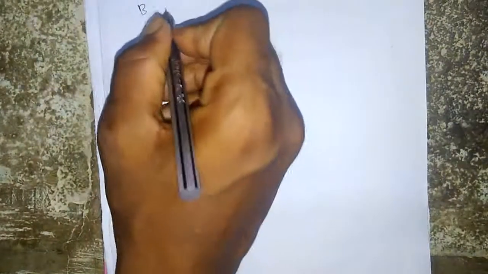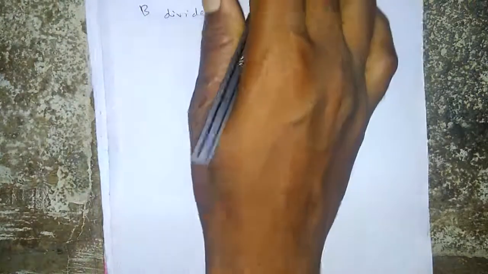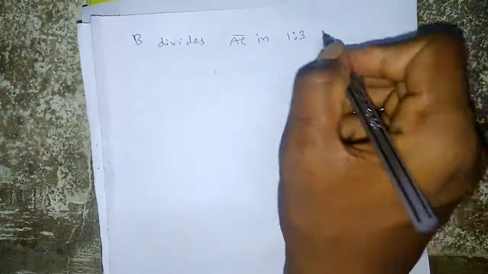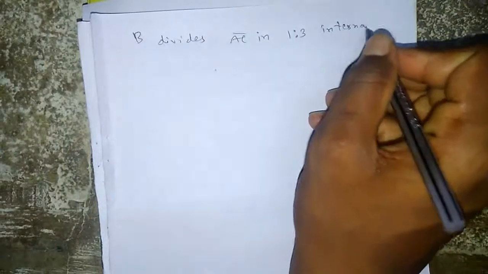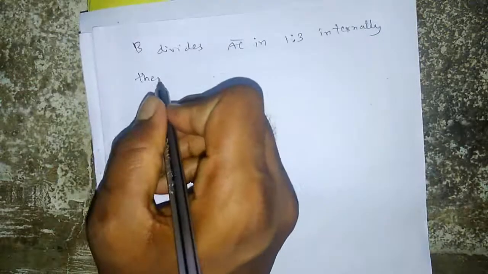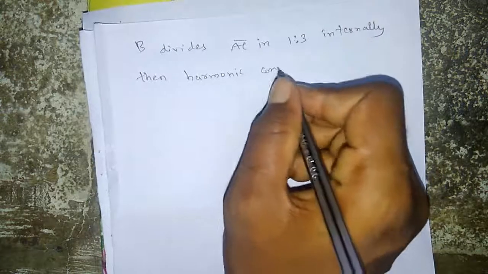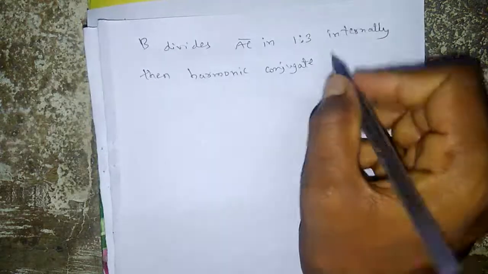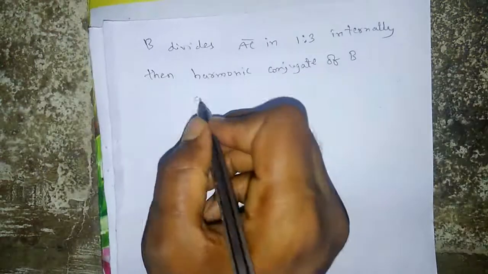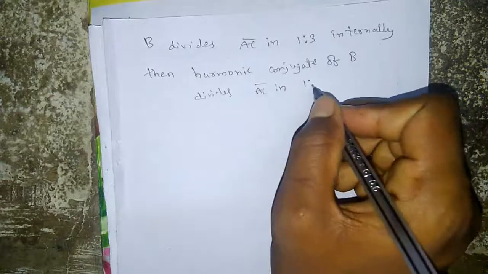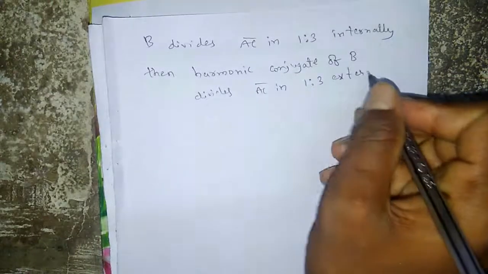Here B divides AC in the ratio 1 is to 3 internally. Then the harmonic conjugate of B divides AC in the ratio 1 is to 3 externally.